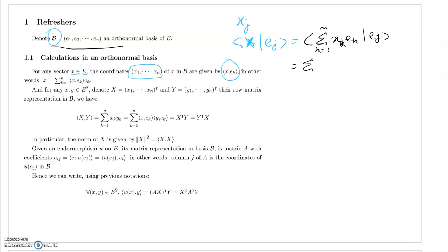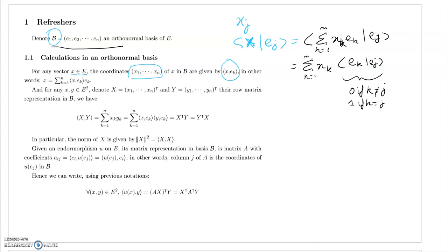That's just going to be the sum of xk, as all these xk belong to R, or real numbers, times the scalar product between ek and ej, for k equal to 1 to n. And you know that as this is an orthonormal basis, this is equal to 0 if k is different from j, and 1 otherwise, if k is equal to j.